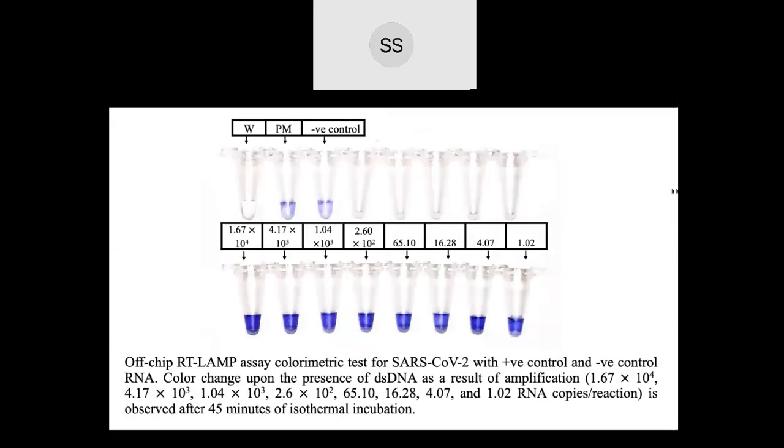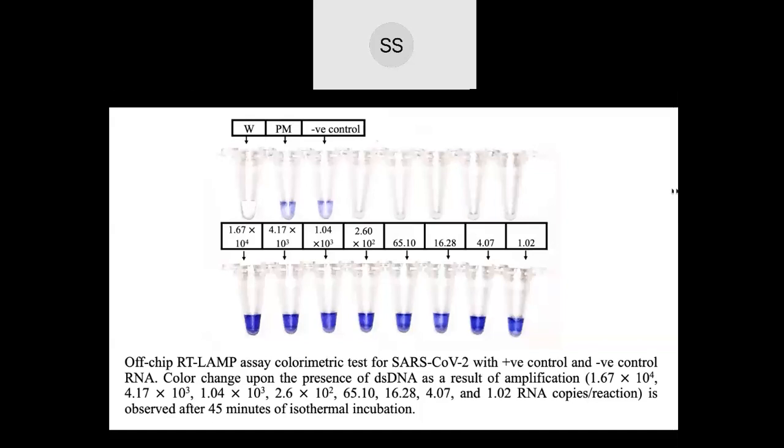So in the initial testing, we obtained positive and negative controls as RNA samples: the positive control was SARS-CoV-2, and the negative control was SARS from 2003.